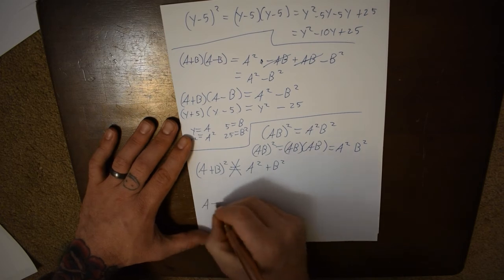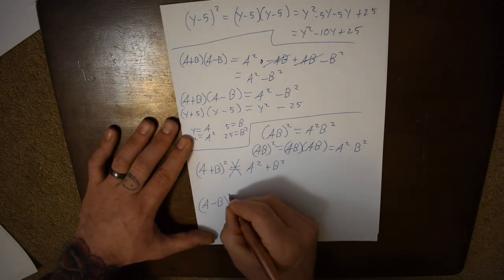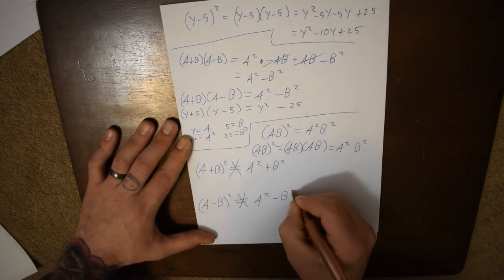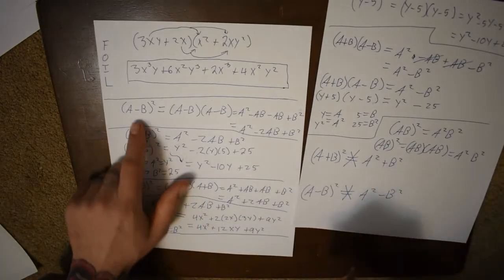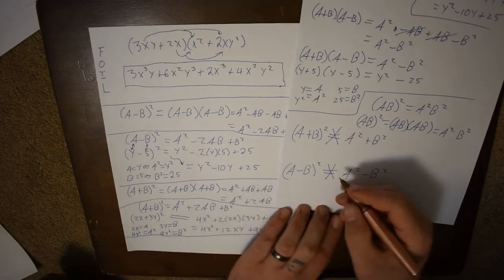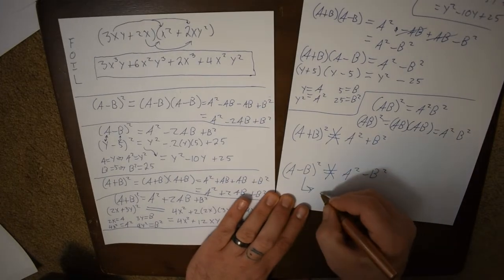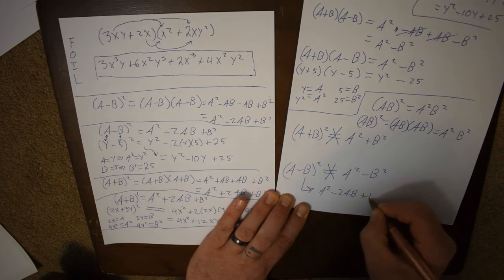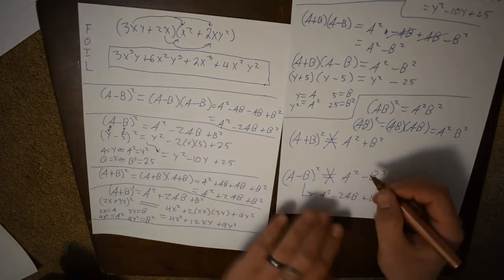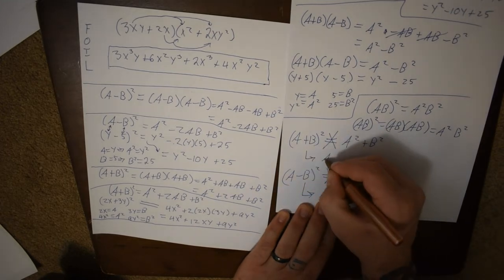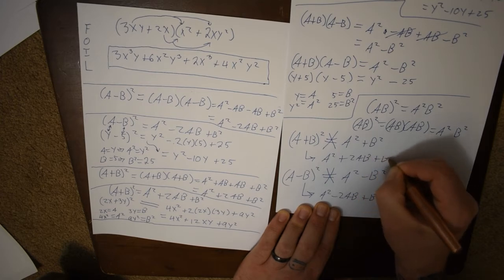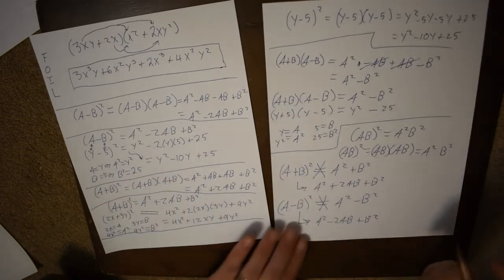Similarly, (a minus b) squared is not a squared minus b squared. We have it right over here. (a minus b) squared is actually equal to a squared minus 2ab plus b squared, and (a plus b) squared is actually equal to a squared plus 2ab plus b squared. Wanted to point this out.